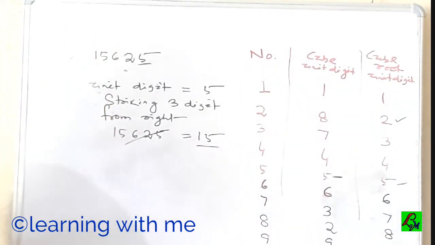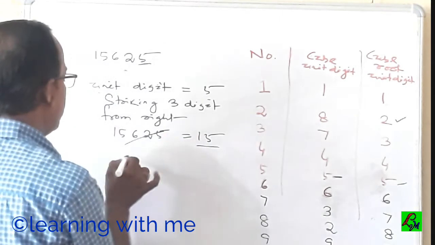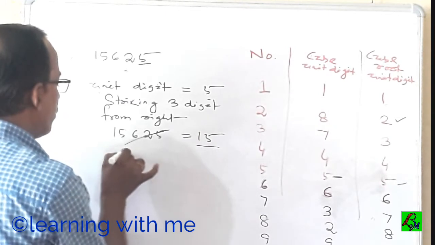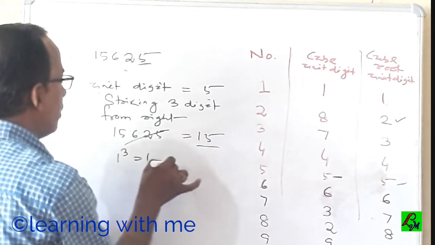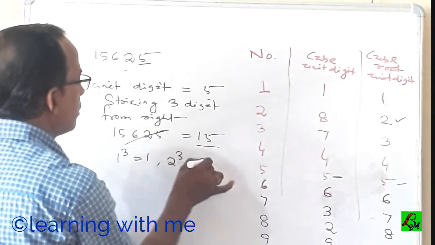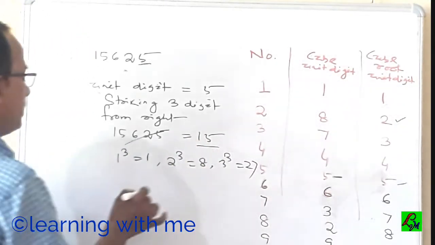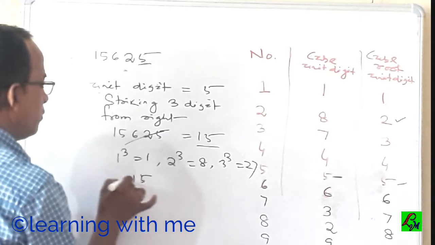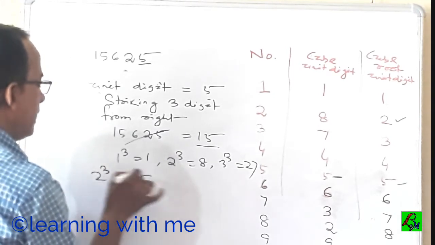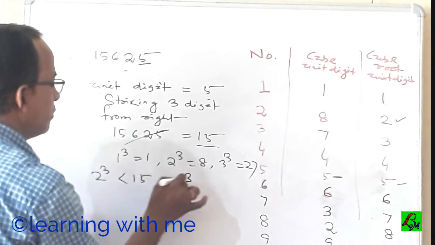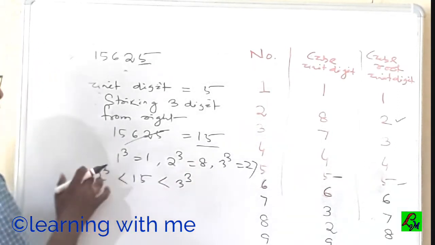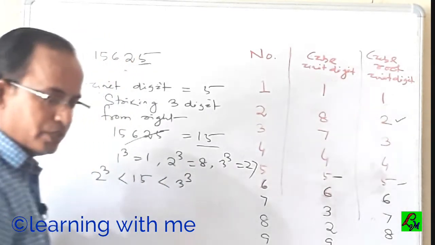It is not a perfect cube number. We know 1 cubed equals 1, 2 cubed equals 8, 3 cubed equals 27. So 15 is greater than 2 cubed and less than 3 cubed.